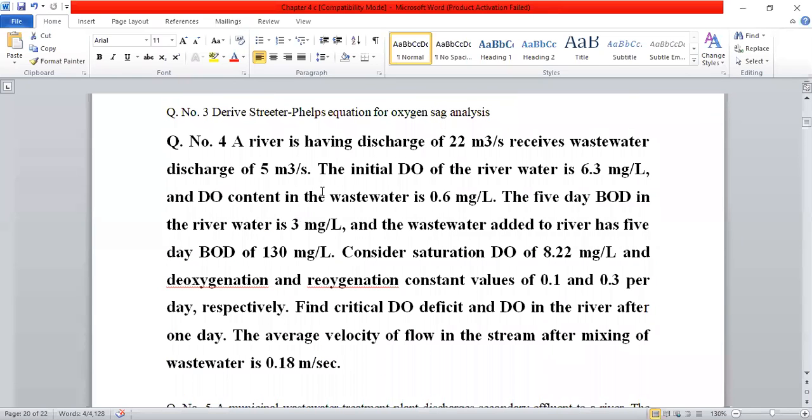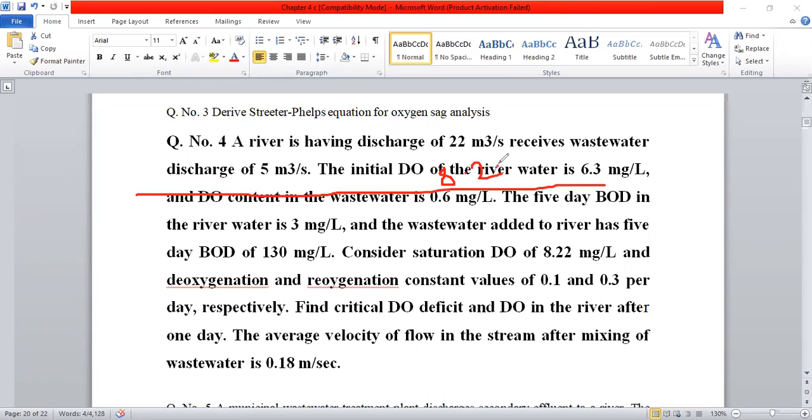Okay, here now all the answers are with us. Now we can see a simple diagram I will try to draw. I'm not going to the college, so I don't have a board to show you. So this will be the saturation level. What is the saturation level of dissolved oxygen? It is 8.22.